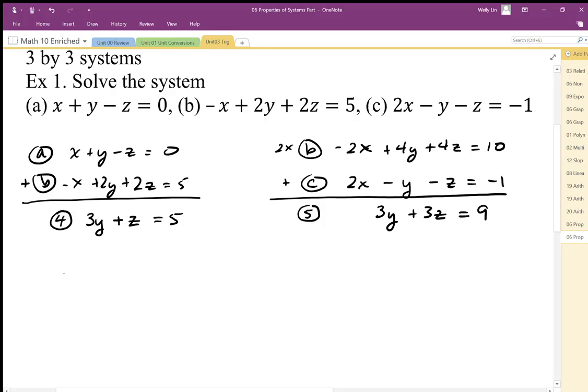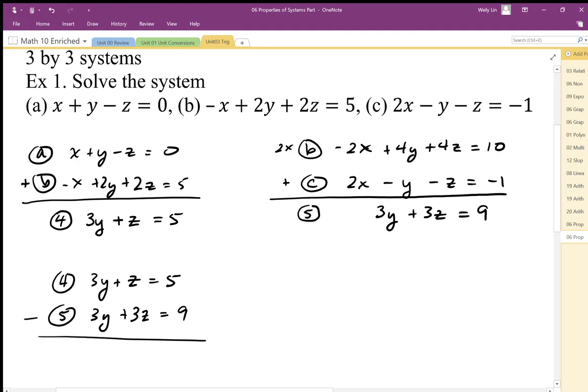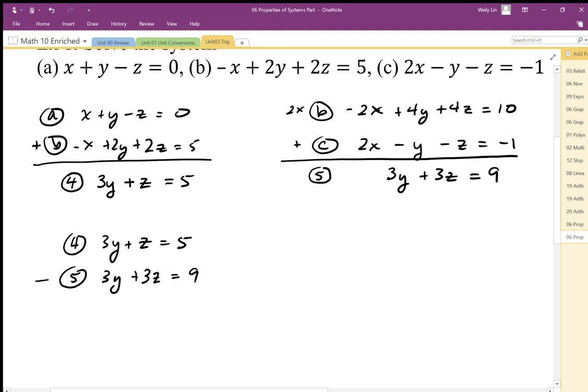I can then take these two new equations, equation 4 and equation 5. Since the coefficients already match, I don't need to match coefficients. I can subtract these, and this will reduce it down to one variable, one equation. And this will allow me to solve for z.